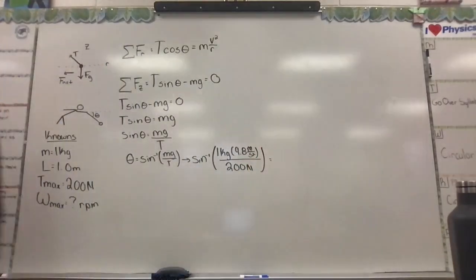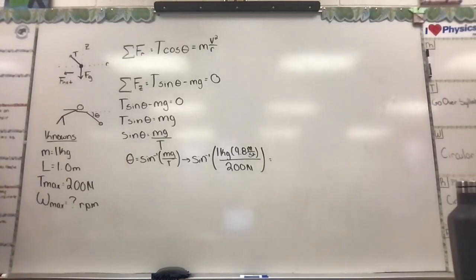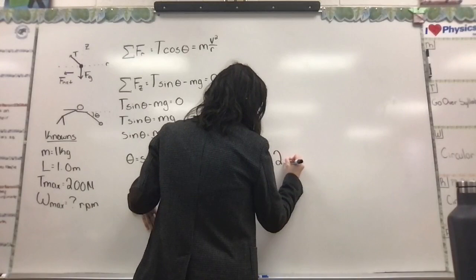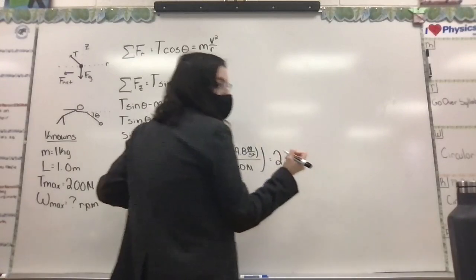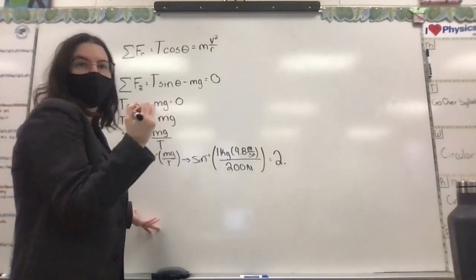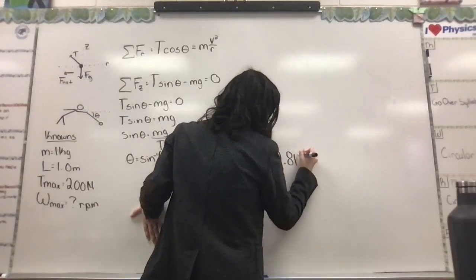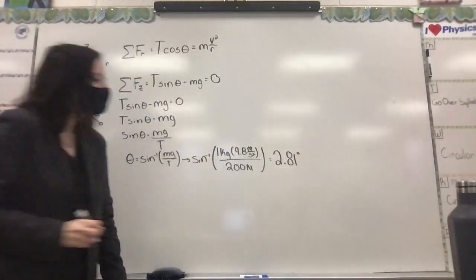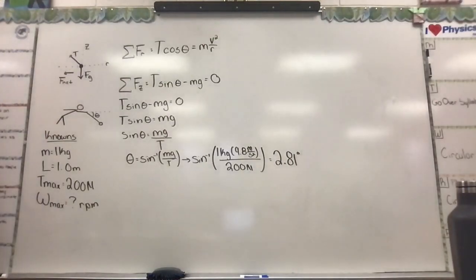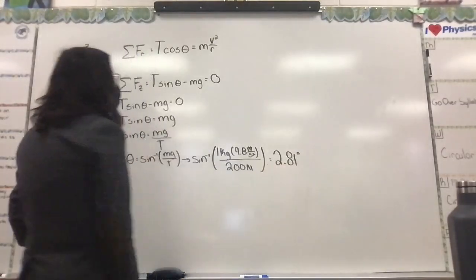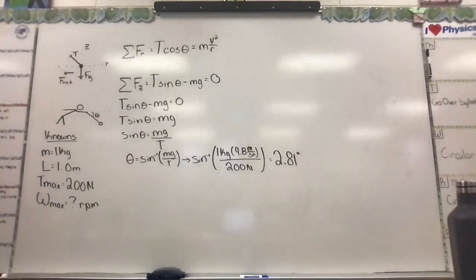Okay, so what is our theta? 2.81. Okay, so 2.81. All right, now, since we have that, are we able to solve for our velocity?